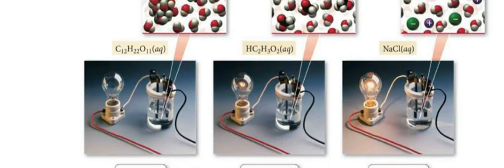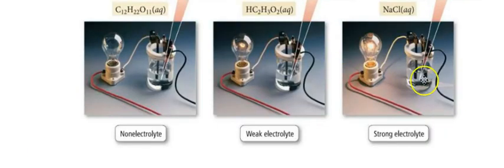That's why you should never be in a swimming pool in a lightning storm, because a lot of the stuff in the water to keep it, quote, clean is ionic, and therefore it's going to conduct electricity. So if there's any ions whatsoever in that swimming pool, it will conduct, and you could get electrocuted, so get out. And if you look at the light bulb, you will see that it is a very strong electrolyte, and the light bulb is greatly lit. So that's one way to determine the electrolytes, okay?